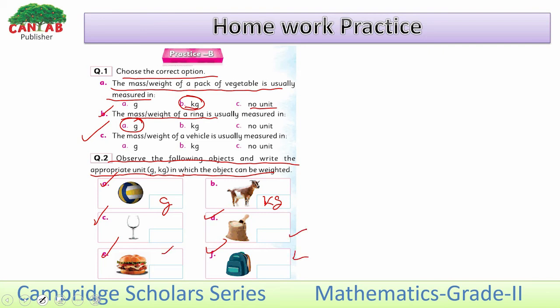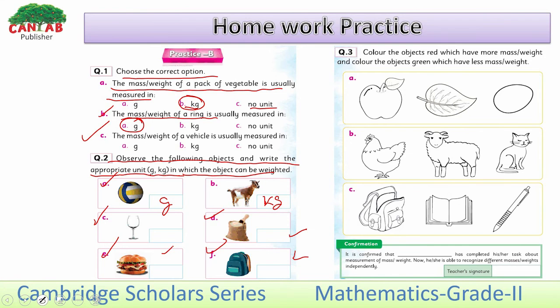Students, now come to the next page. Color the objects red which have more mass or weight, and color the objects green which have less mass or weight. So you have to complete this activity at your home. Color this apple, which has more, in red, and among these, the leaf, which has less, you have to color in green.